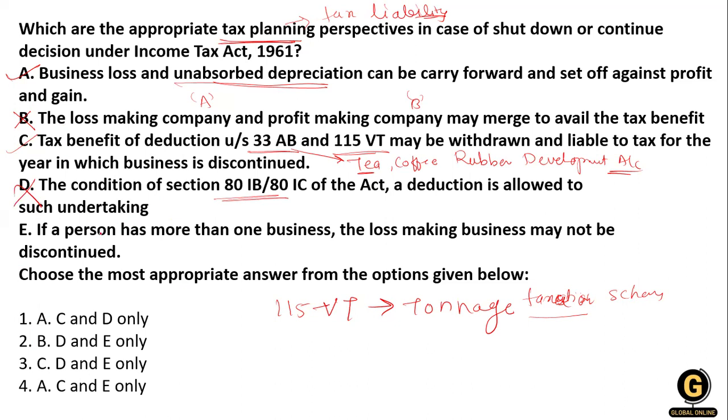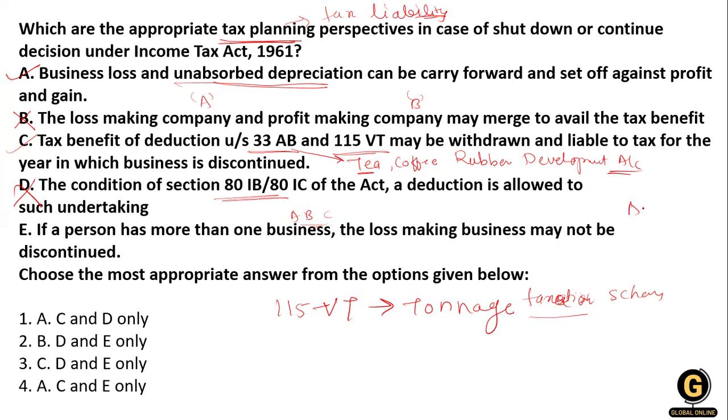Okay, then statement E: if a person has more than one business, like A, B or C, then the loss making business may not be discontinued. Why would we discontinue a business?